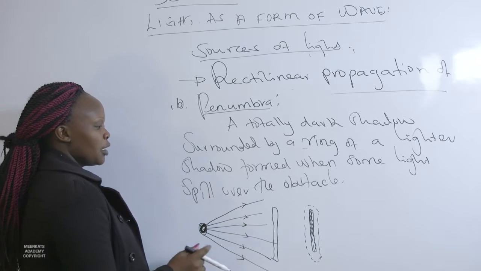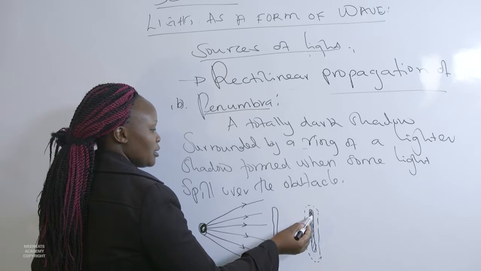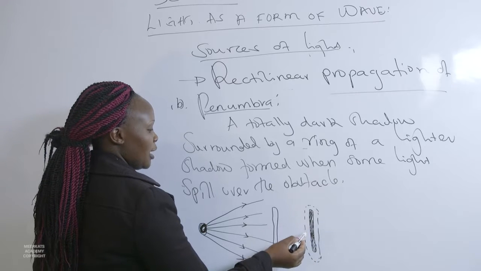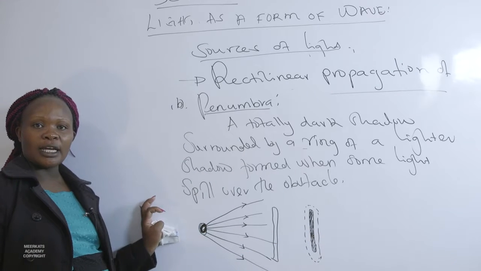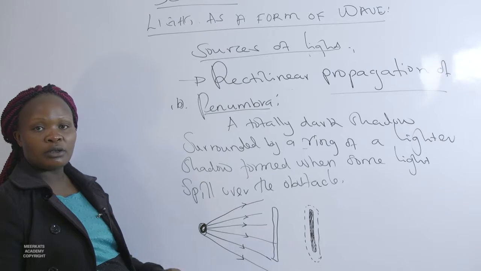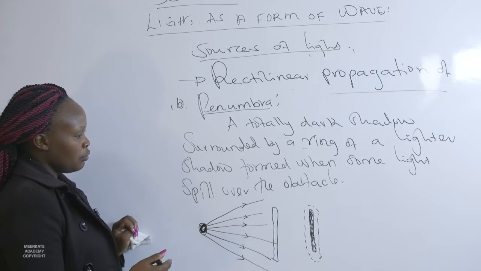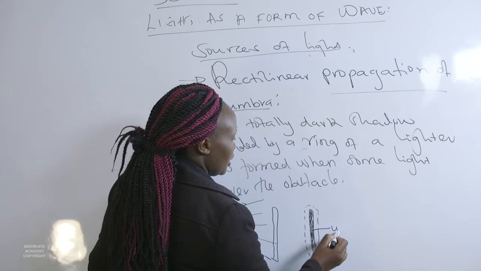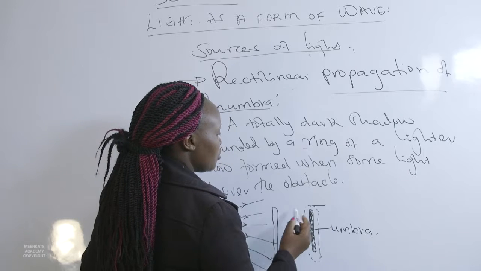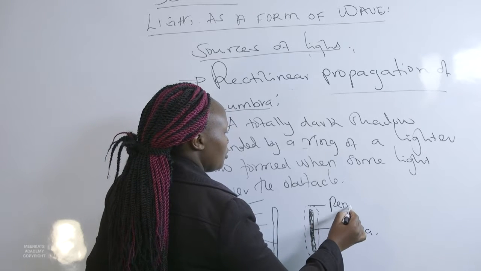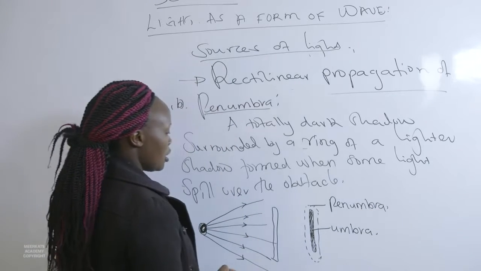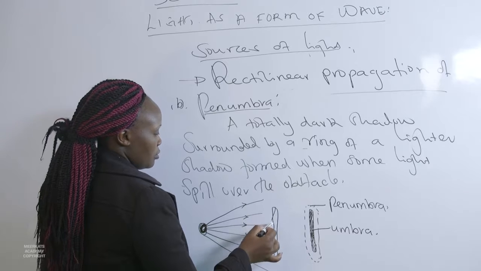And therefore, when you have this dark part, there will be a ring around it, and that ring will be lighted up by the spillover light. And that way, you form an umbra surrounded by this ring, which we are going to call the penumbra, and this one is your obstacle.